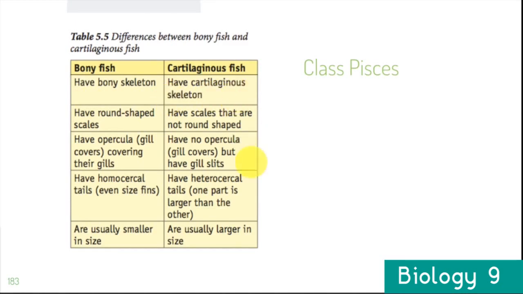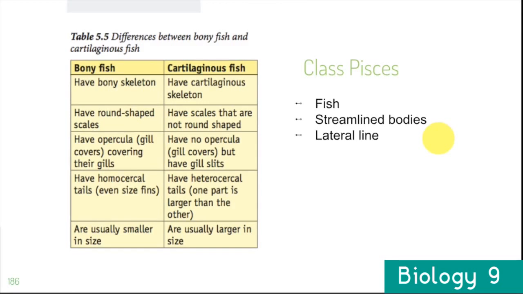So these are generally what are known as the sharks and rays, whereas bony fish are what you generally consider fish. They've got streamlined bodies, a lateral line, which they use for sensing the environment, and they use it for hearing.